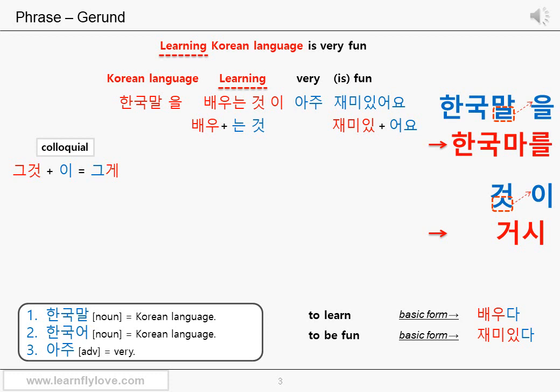So it becomes 그게, and 그게 contains the subject particle in it. The same thing applies to 한국말을 배우는 것이. 것 plus 이 becomes 게. So 한국말을 배우는 게 sounds perfect too.